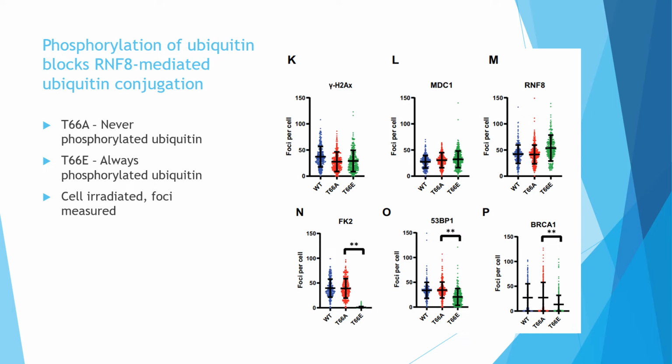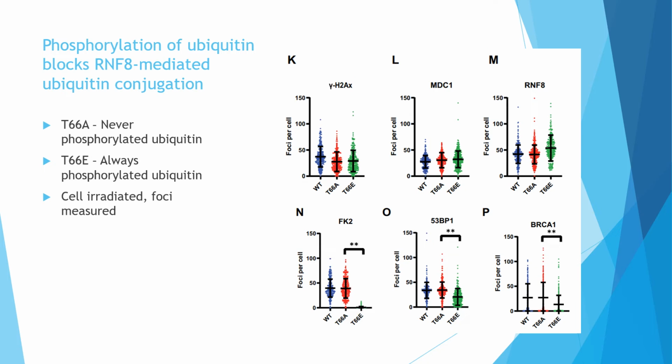And then they exposed these cells, they also had the wild type as a control, to radiation and then measured the foci of each protein associated with each step in the repair pathway. And what they found was that at FK2, the cells that had the T66E, so the always phosphorylated ubiquitin, had significantly lower levels, and again, downstream at 53BP1 and BRCA1 had lower levels of both of those proteins as well compared to the wild type and the T66A, so the never phosphorylated ubiquitin.